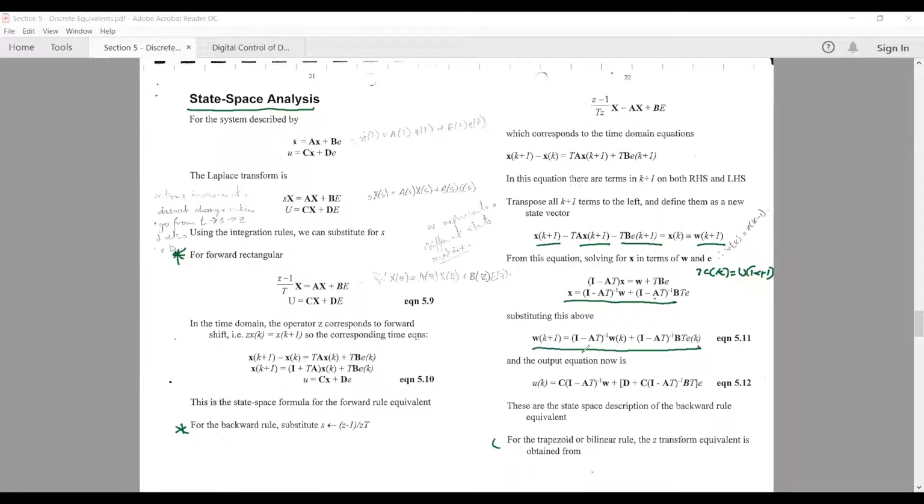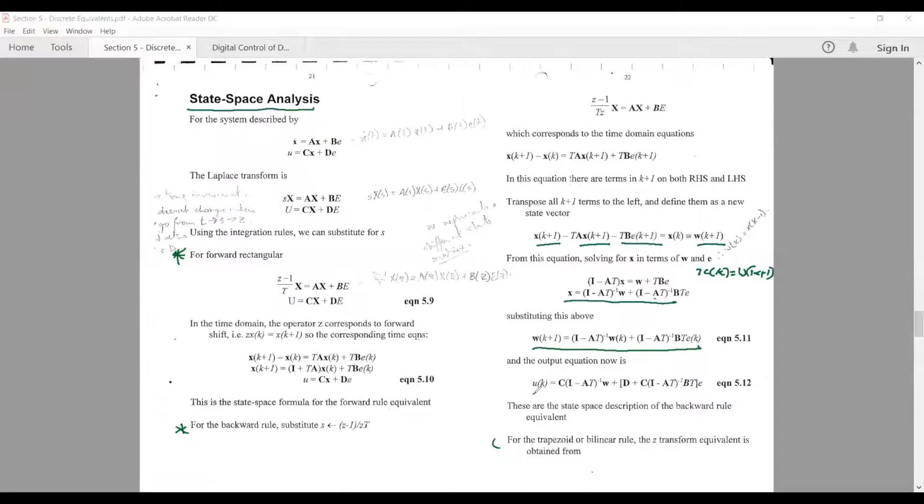And we can also use this x in this equation: u is equal to C times x plus t times e. So we multiply this x into this equation plus t times e, and we get C times (I minus tA) inverse times w plus, in brackets, D plus C times (I minus tA) inverse times B times t, then the whole thing multiplied by e.